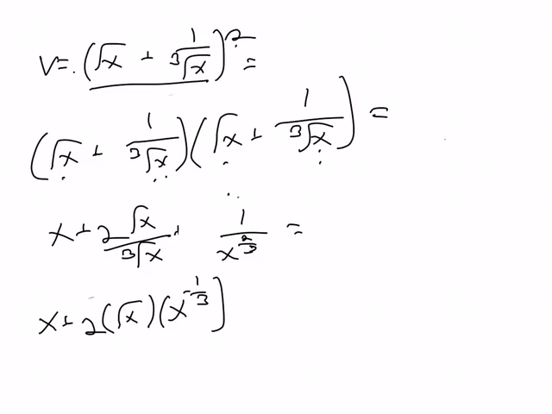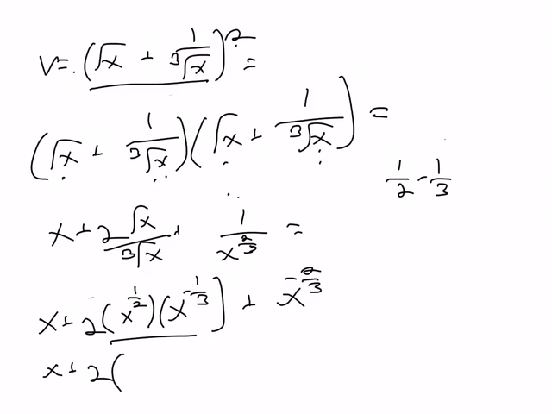So let's write out what this one is. So this is x to the one half plus x to the negative 2 over 3. And this just becomes x plus 2, and then we get a half minus a third, right? Because when we multiply these, we add the exponents.